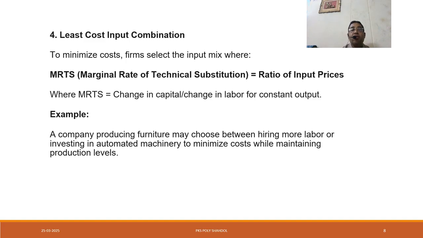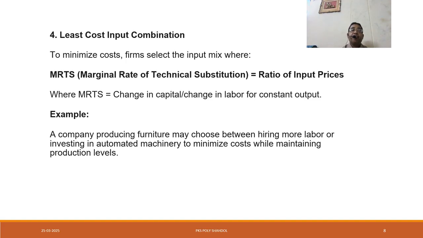Fourth is least cost input combination. What is the least cost input combination? Every business wants to know how much the input cost should be at least so that our output is as much as we want. That is the least cost input combination.